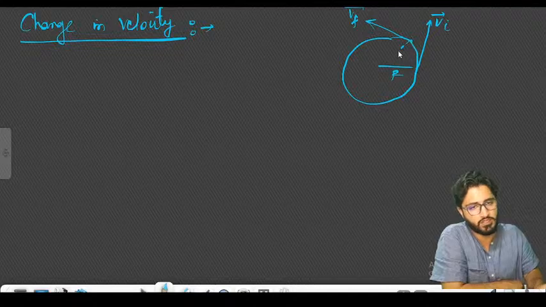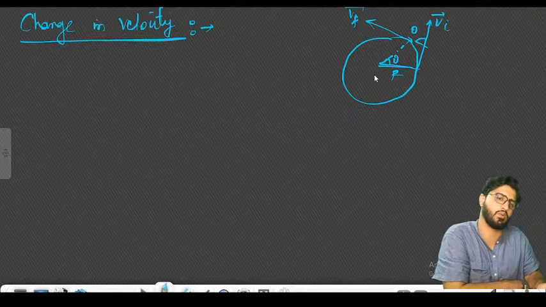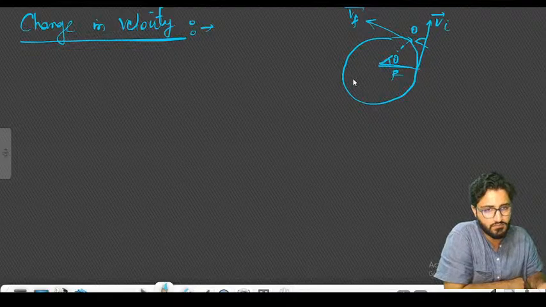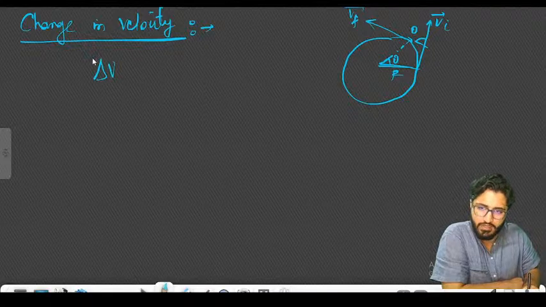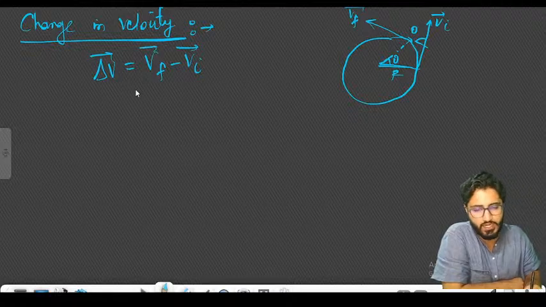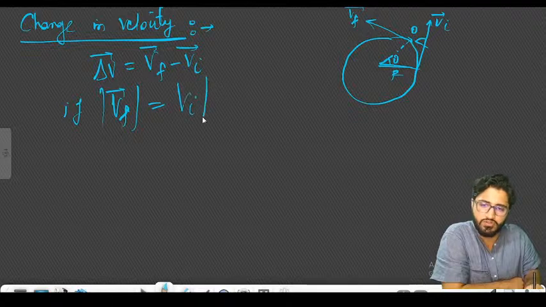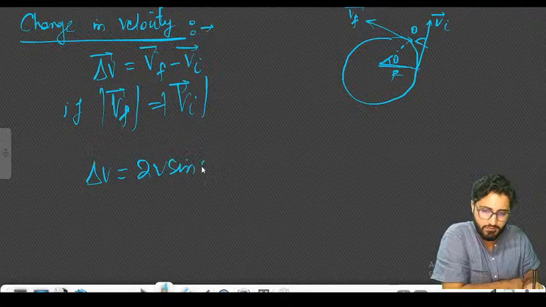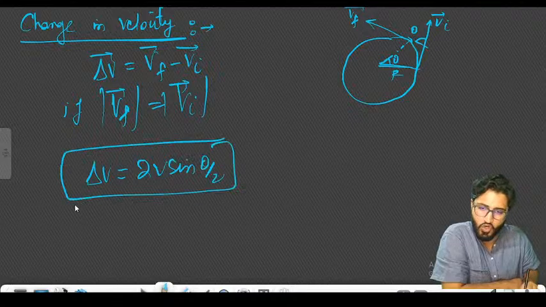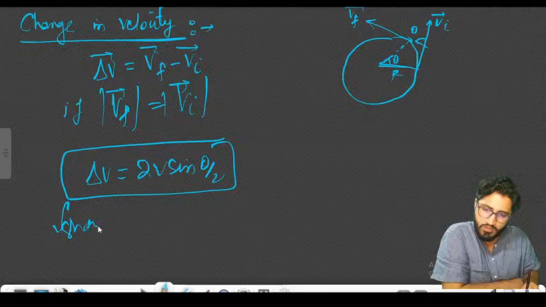So let us connect both of them. Okay, or like this. So this is my theta. So I have to find out this theta. How to find this theta? Change in velocity means delta v. Delta v means final velocity minus initial velocity. Nothing more than that. If final velocity mod is equal to initial velocity mod, so delta v is same. It is 2v sine theta by 2. Shortcut.